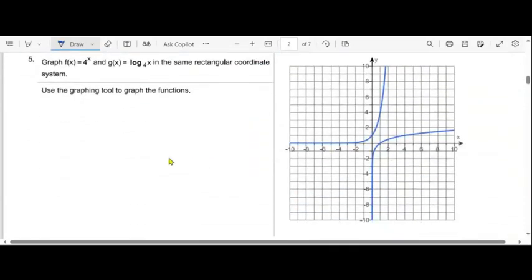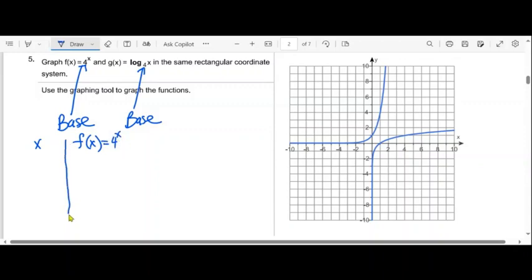Next one, he said to do the graphing. What is the base here? The base is 4. And here it will be 4 as well. If you are doing it on paper, you have f of x equal 4 to the power of x.